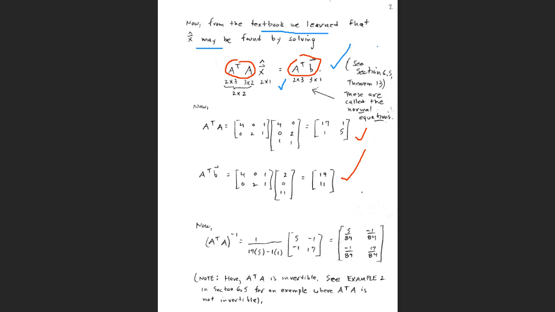Now I want to mention, you'll notice that A transpose A here is a square matrix. It's a 2x2.